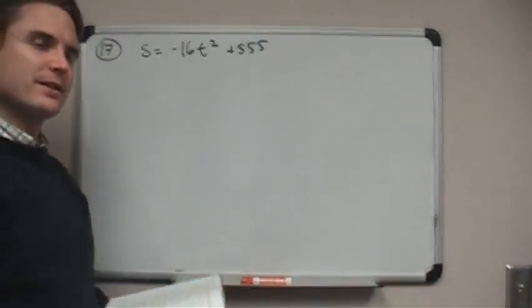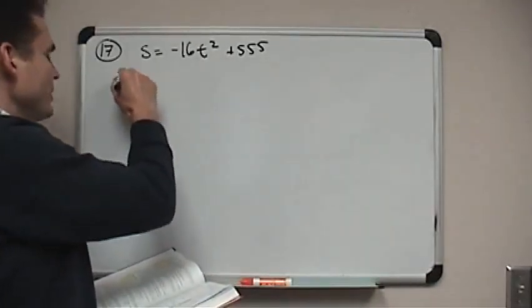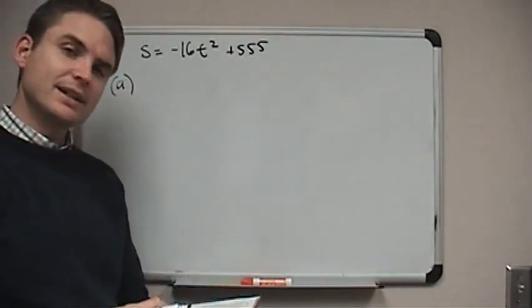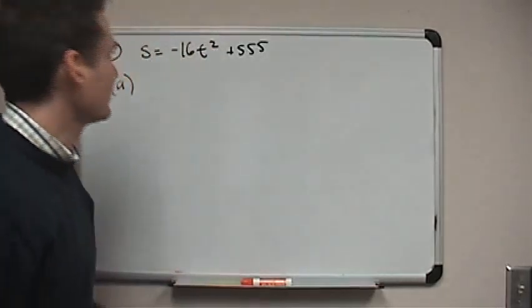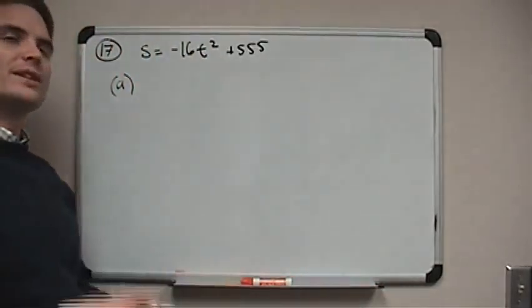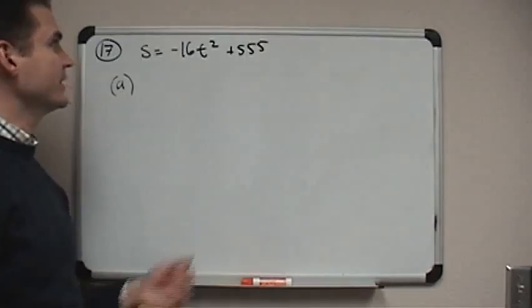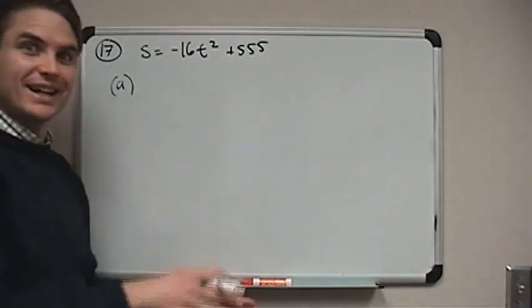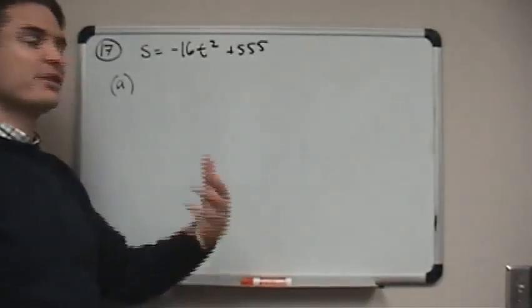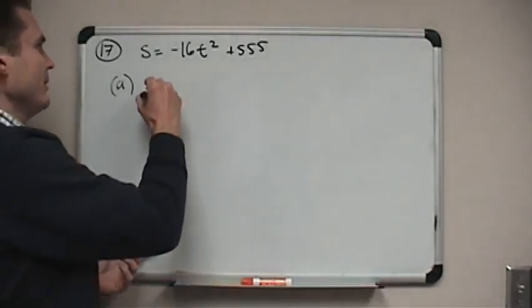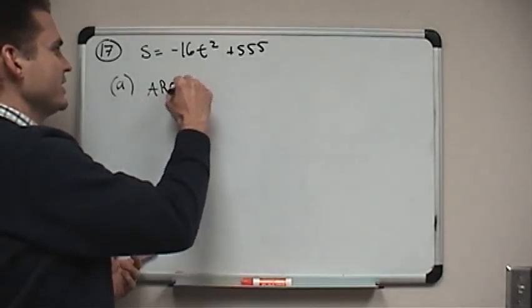Now this question asks a few things about velocity. So first of all, you'll notice in part A they ask for the average velocity on the interval 2 to 3. So what they're asking for is, what's the average rate of change of this function between the second of the drop and the third second of the drop? Well, we have that formula for the average rate of change in the book.